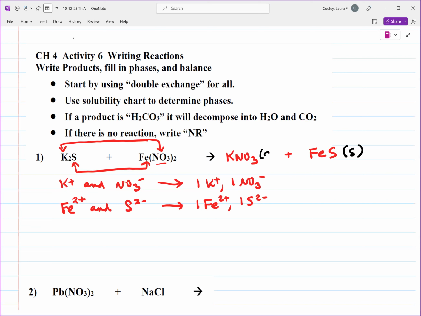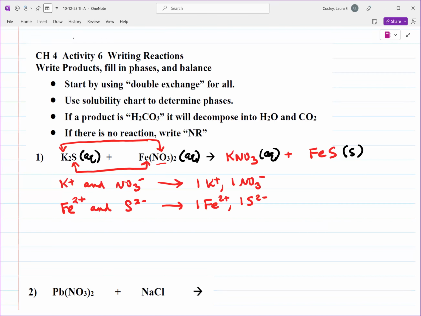KNO3, that's a nitrate, aqueous. This started out as aqueous, and potassium sulfide is going to be what? It's potassium. Potassium is an alkali metal. When they're paired with just about anything, they're soluble. That's what the chart tells you.